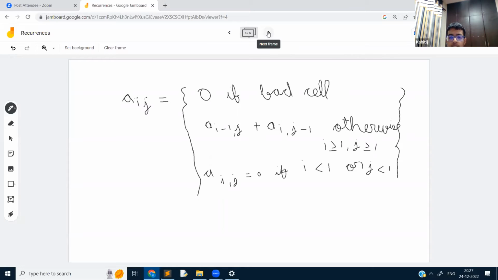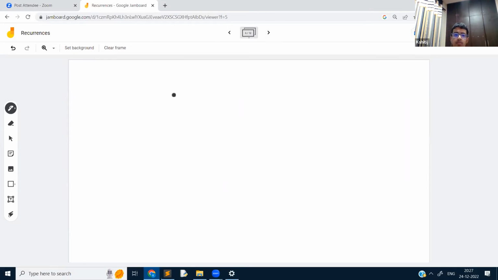So, okay, now I will be discussing how to get a closed form of a recurrence relation. Suppose a recurrence relation is of the following form. You write An as the sum of Zi into An minus i, where Zi are some maybe integers.